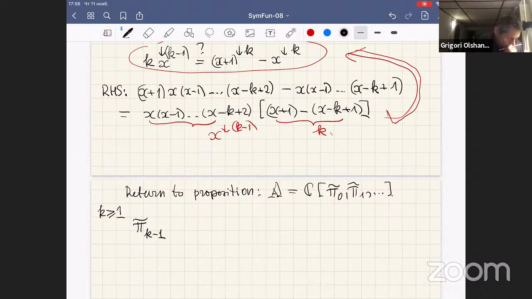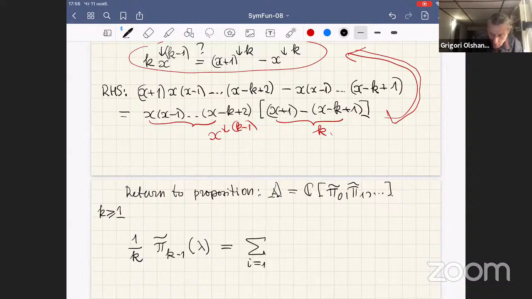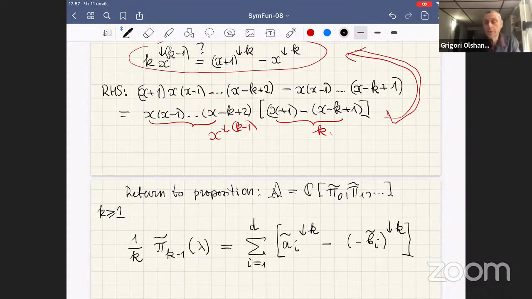And I have to consider maybe this, and what I want to prove, I want to prove that this equals this. If I prove this, the result will be obtained.